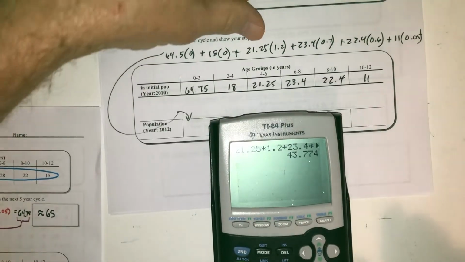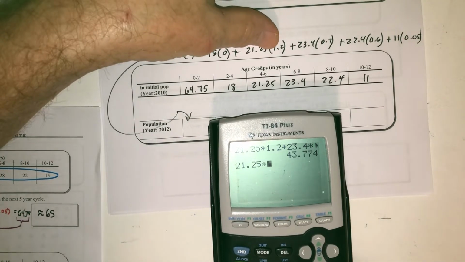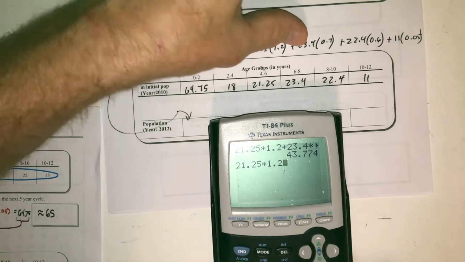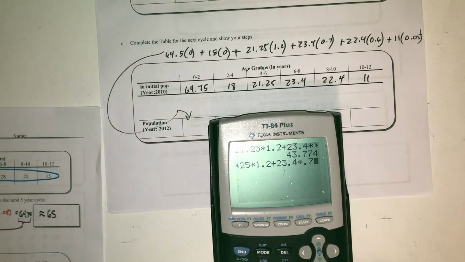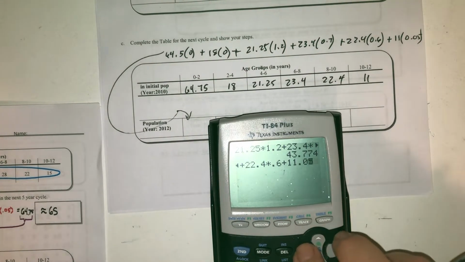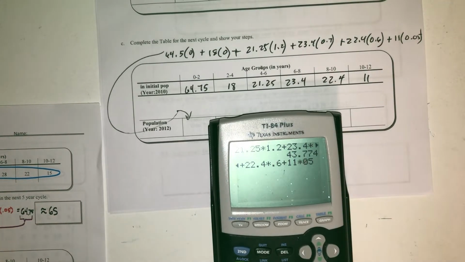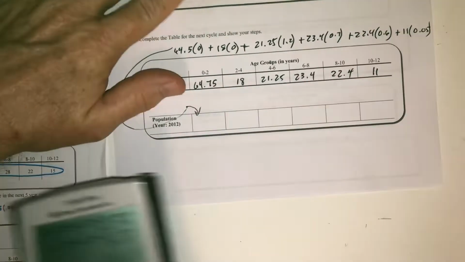So if we took 21.25 times 1.2, I'm just going to recalculate to make sure, plus 23.4 times 0.7, plus 22.4 times 0.6, plus 11 times 0.05. Oops, I didn't do times. Excuse me, 11 times 0.05. Okay, there we go. That's a little bit better. And we'll write that down here.